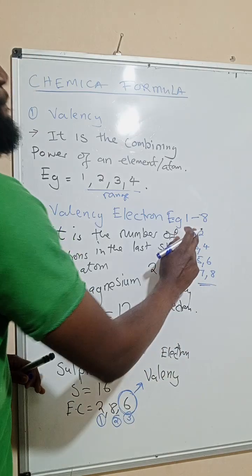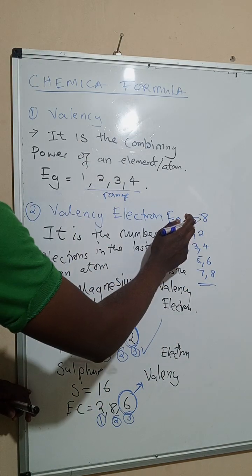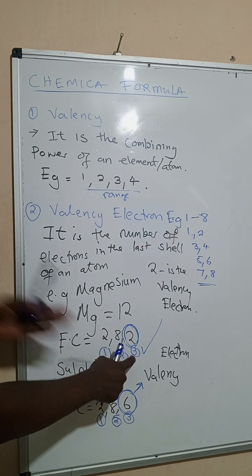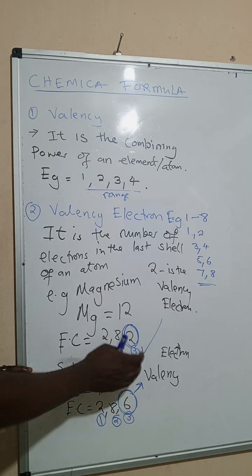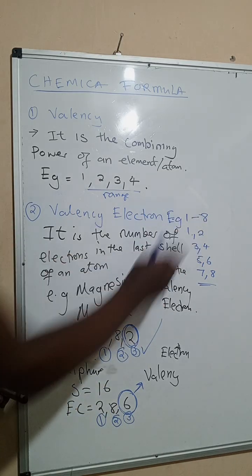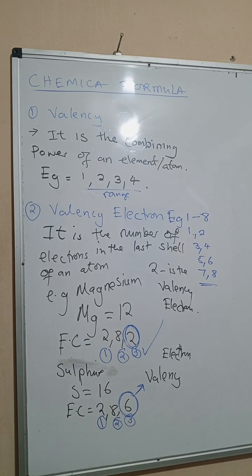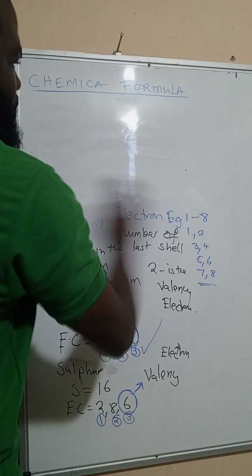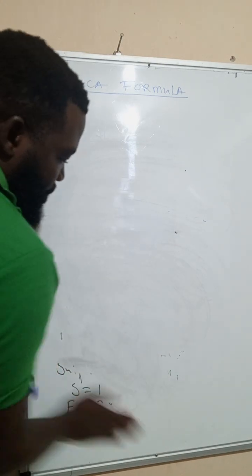So all these are possible valence electrons. It can be whatever number, but ranging from 1 to 8. I hope you have understood. Okay, so that's how it's done. Let me give you an exercise so that you can attempt it.